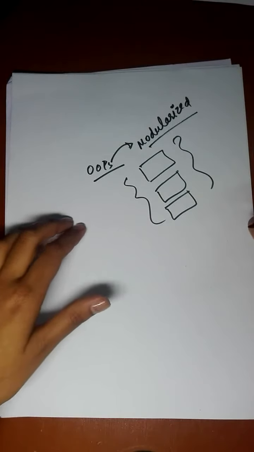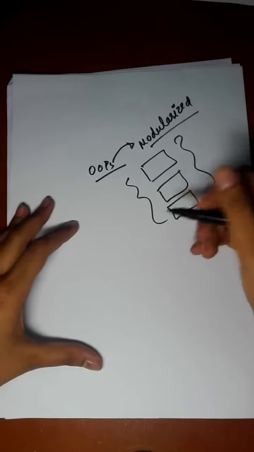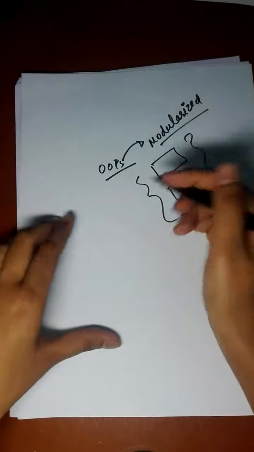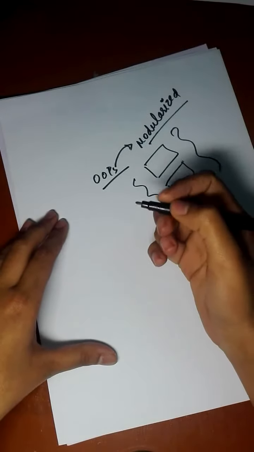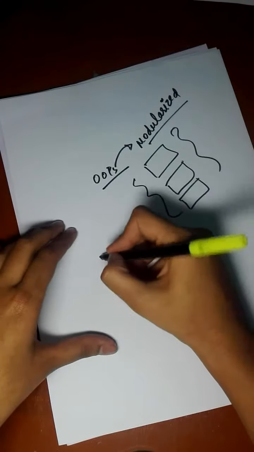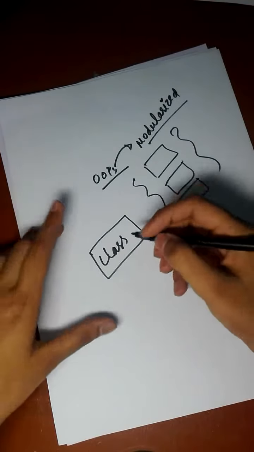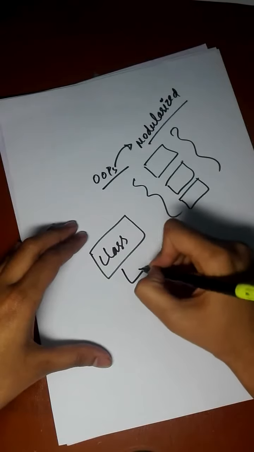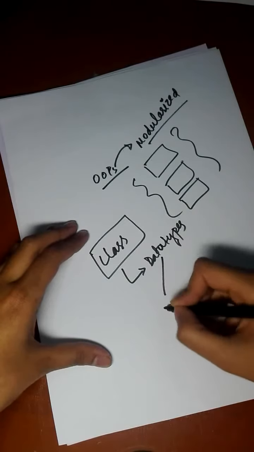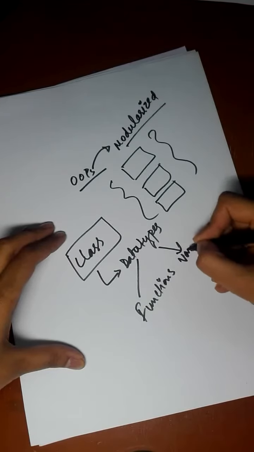The next thing you need to know before you get into more details of the features is what exactly a class is, in brief, because class is a vast subject to cover and beyond the scope of this particular video. So a class is basically a data type, in layman's terms, which consists of both functions and variables.